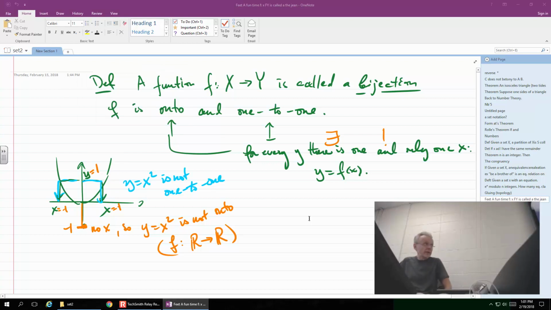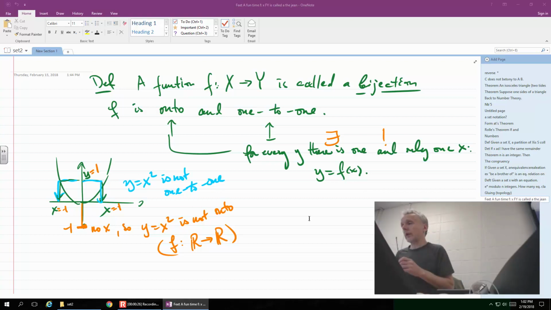This is something that I expect you to know from before calculus. On one-to-one, onto functions and bijections: if both of the properties are satisfied, that's what's called a bijection. But one-to-one onto examples come primarily from calculus.